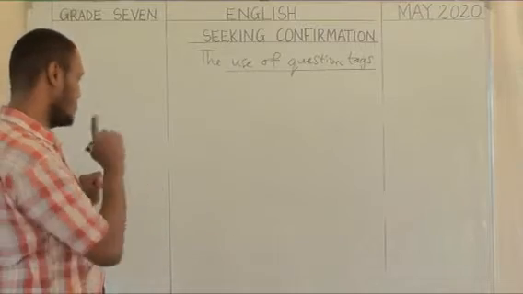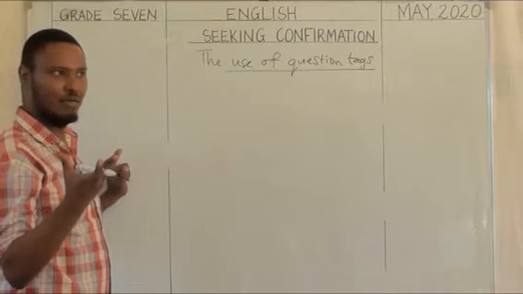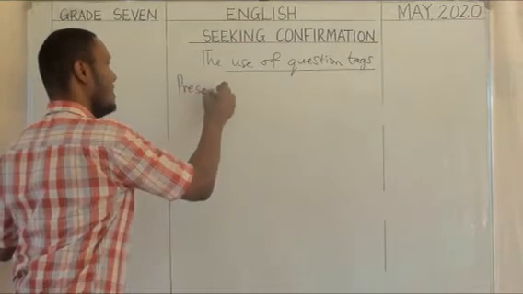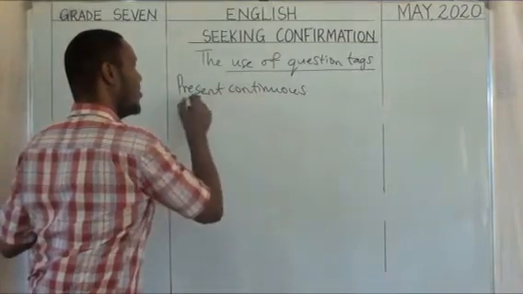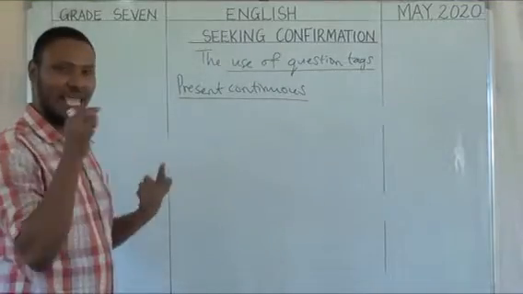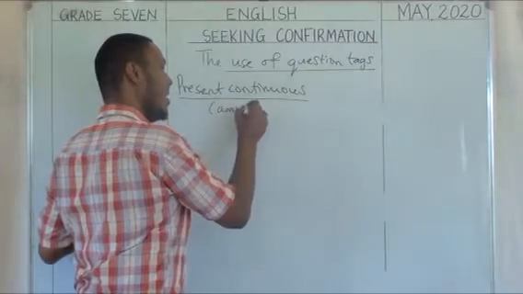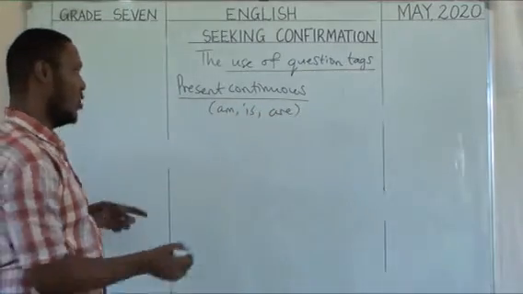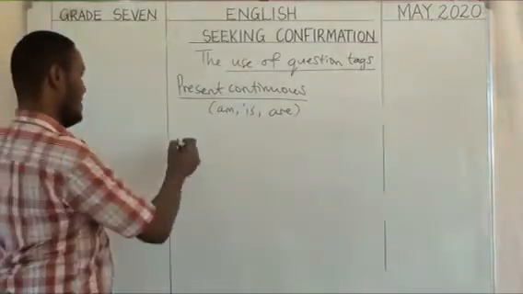For example, let us have the present continuous tense. This one will help you even to form for the others. The helping verbs that are used in the present continuous tense are is and are. So, let us use this helping verb, are.